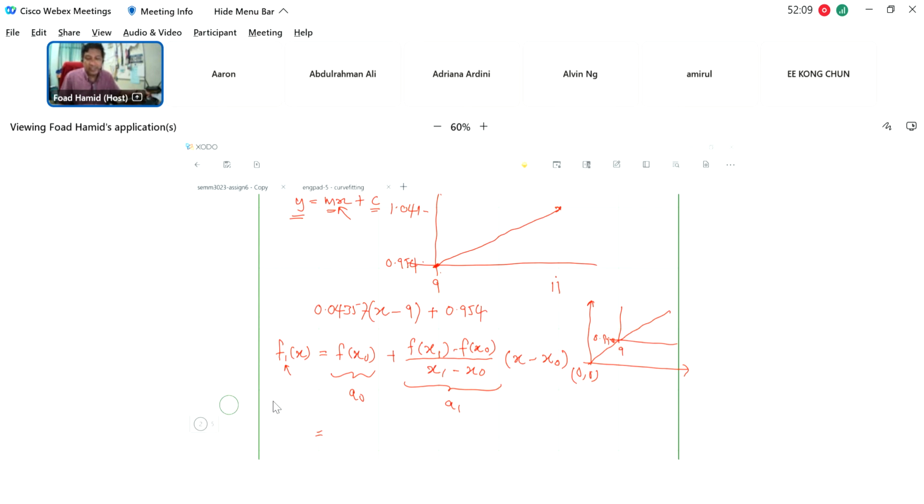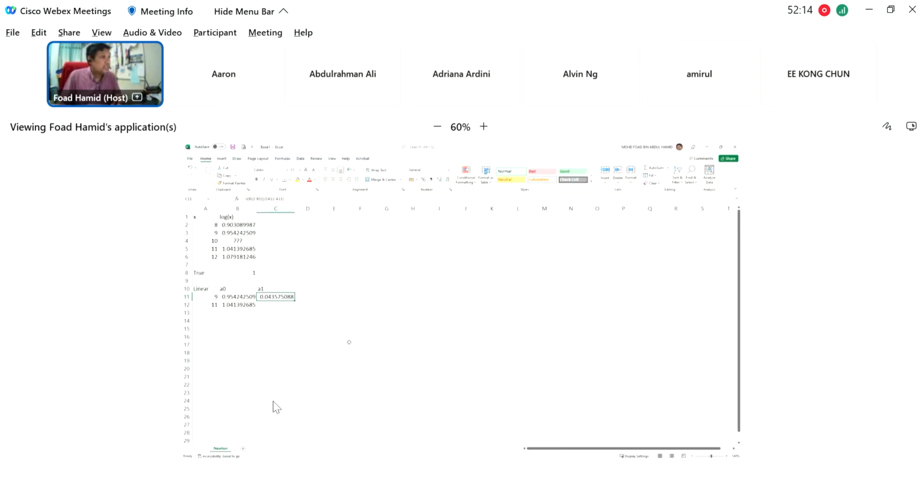In this case, it is just equal to a naught plus the slope, which is this one, times the shift.